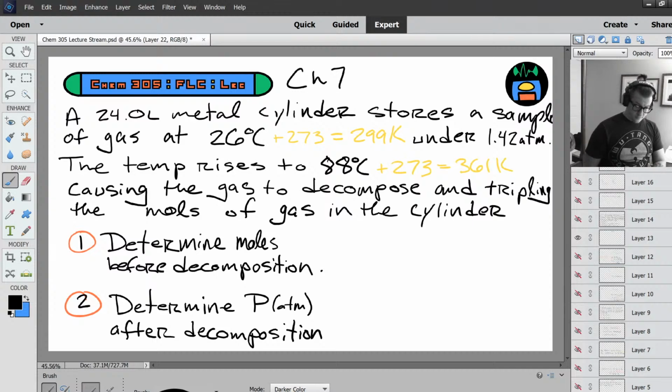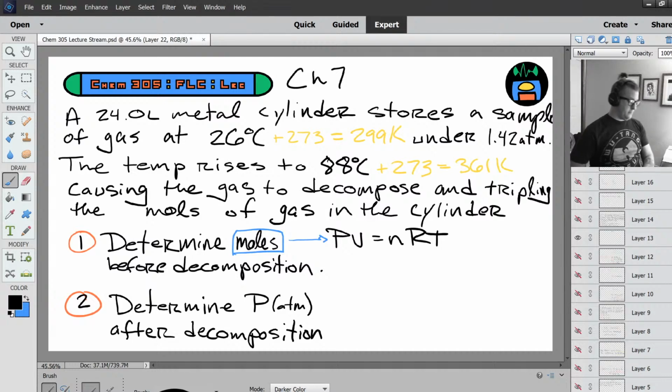Now, you'll notice that before the decomposition, determining the moles beforehand, to do that, we're going to need the ideal gas law, PV equals nRT.